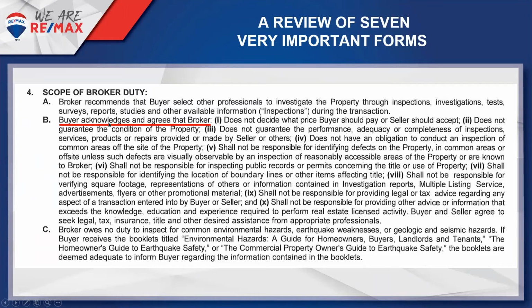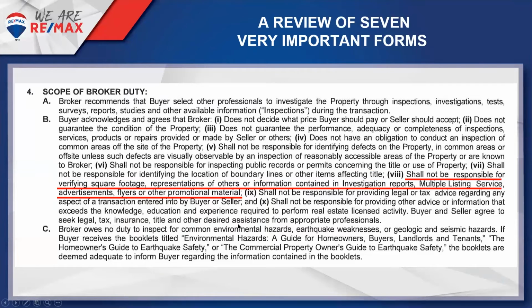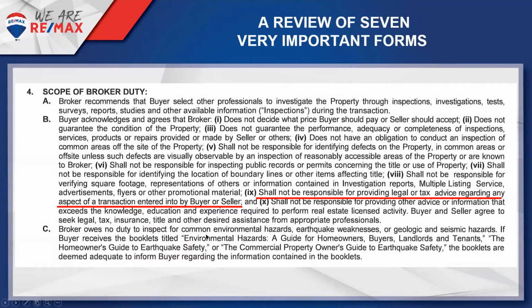So the buyer agrees that the broker does not decide on the price, does not guarantee the condition, does not guarantee the performance of inspectors or repairs, is not obligated to investigate common areas, not responsible for defects in common areas or off-site defects not already aware of, not responsible for looking at public records, especially permits, not responsible for locating the boundary lines, not responsible for square footage representation, not responsible to give legal or tax advice.